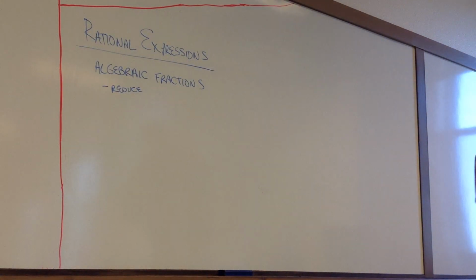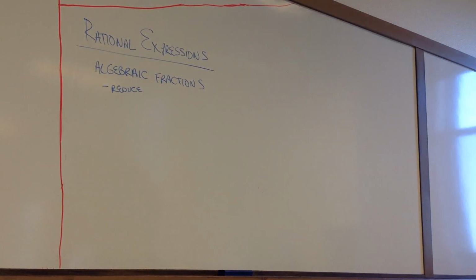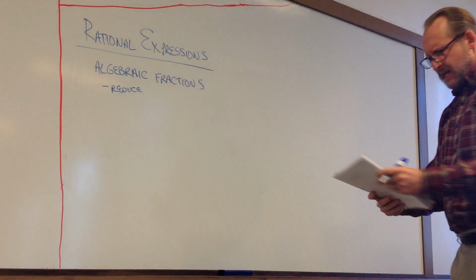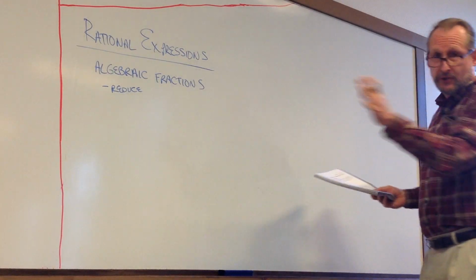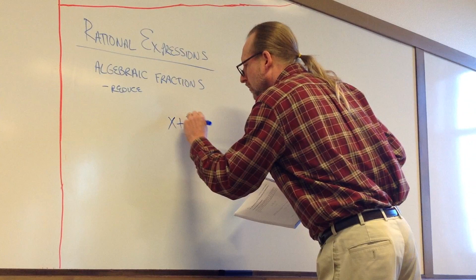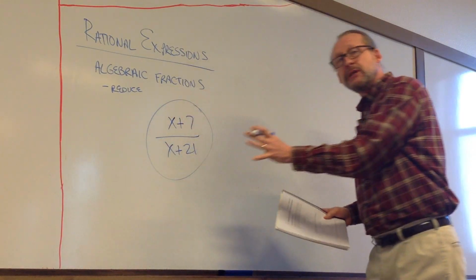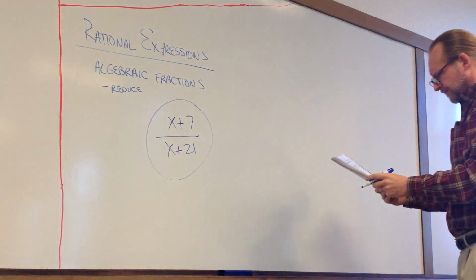Okay. Let's see here. There's an example in the textbook on page 50 that's similar to the one that I just showed you. So let me write that one up here. This is the one I was saying can't be reduced. That's in lowest terms.